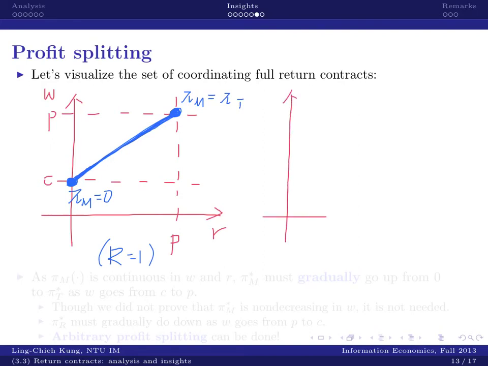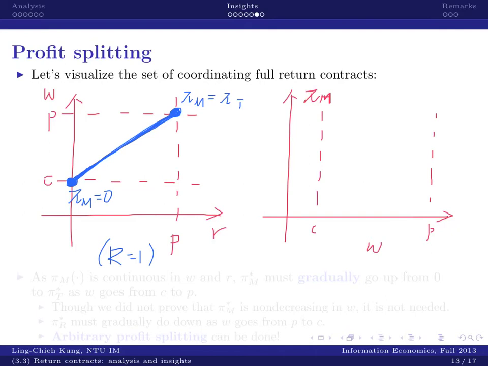So let's draw another figure. Here I'm going to draw pi m. The x-axis is W, the wholesale price, and it must be within C and P. For pi m, I know something.